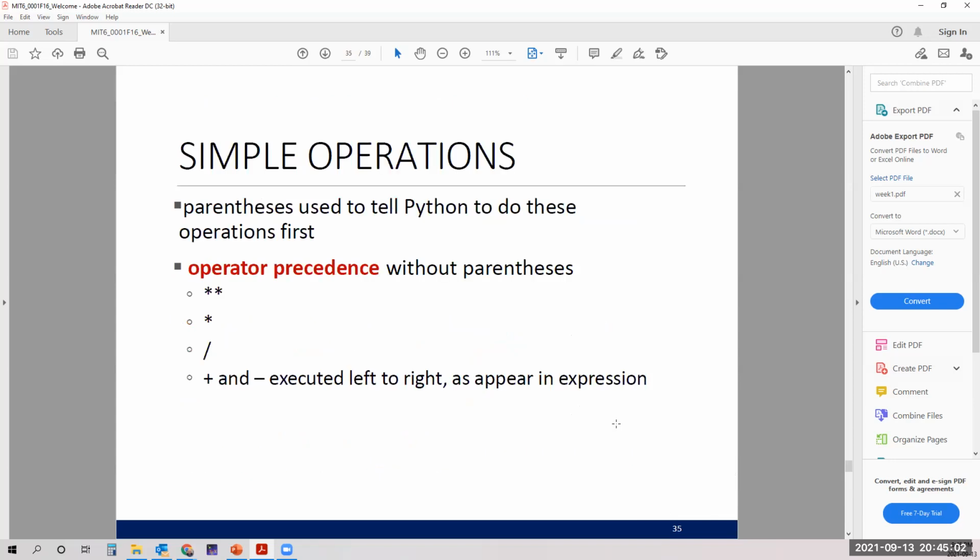Does Python follow BODMAS rules? If it follows BODMAS, division should come before multiplication, right? Does Python follow BODMAS rule, like bracket, order, division, multiplication, addition, subtraction?